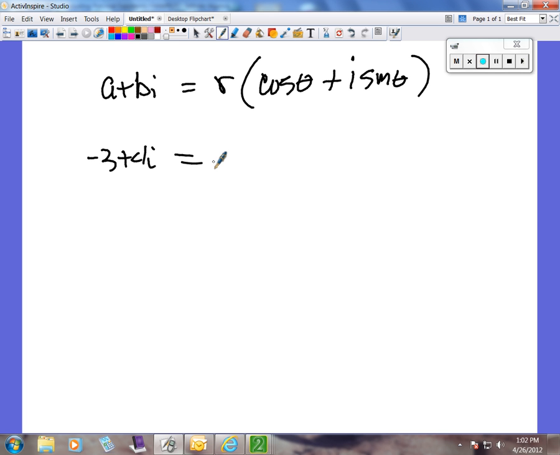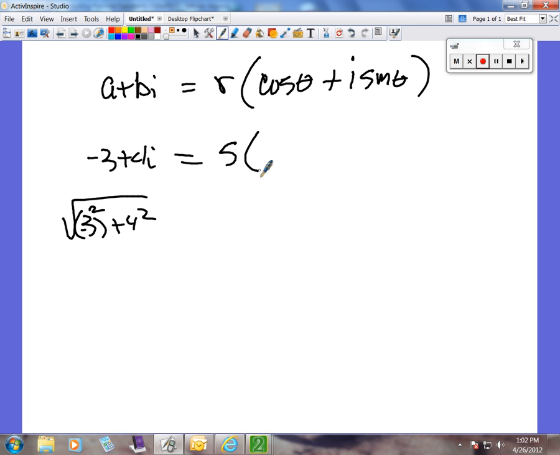Because didn't we just graph it like x and y, a comma b, x comma y? Okay. So if I want to find the r, we got the square root of negative 3 squared plus 4 squared, don't we? This one comes out nicely. What is it going to be? 5.